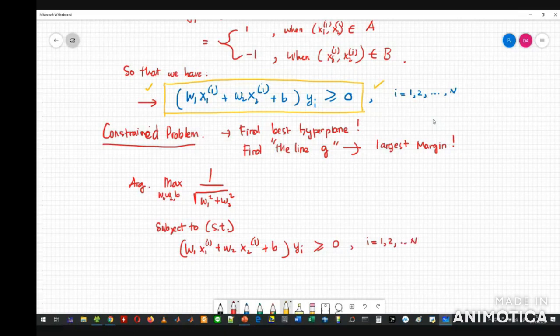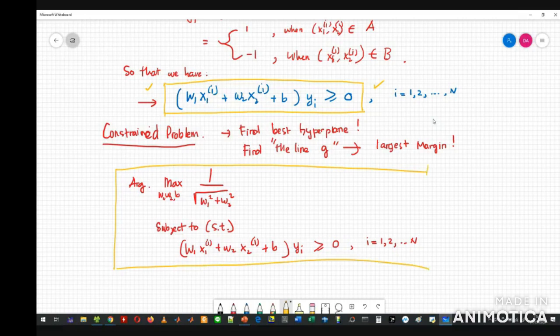Okay, so what do we have so far? We have defined the problem statement. What is the problem statement? This one is what in mathematics we call the objective function, the function that we need to optimize.